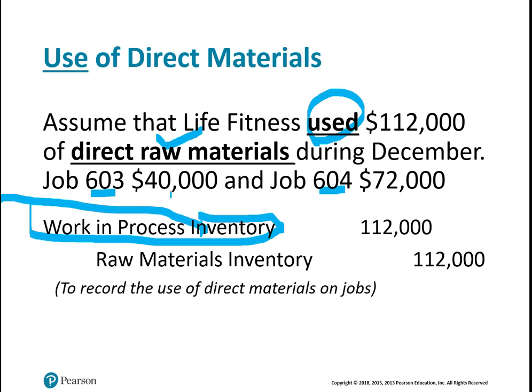So notice that we have 2 jobs. Those jobs would be subsidiary accounts, and then the controlling account would be the work in process. And we would add those 2 together, and we're taking it out of raw material, so we'd be crediting the raw material account. So following the cost flow, we had it go into raw materials, and now we go into work in process.